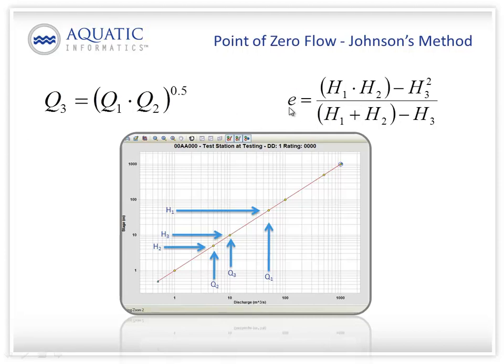Now, this mathematical approach is very precise, but for that reason it can be precisely wrong. It's very, very dependent on having highly accurate discharge measurements and a well-defined rating curve to begin with. And often we're not in that situation. Particularly at the low end of the curve, we often have high measurement uncertainty.